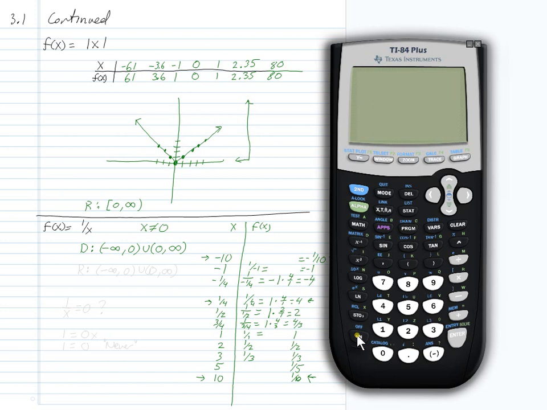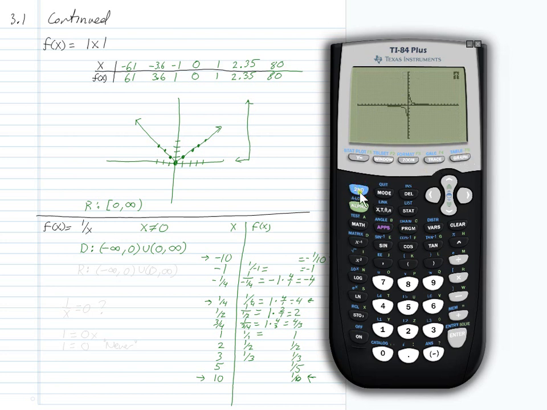So I'll plug this function into my grapher, just as we did with all the others, 1 over x. And I'll look at my table first. So if I start at 0 and go up by, let's go up by quarters. There we see the error when we try to plug in 0. The calculator doesn't like that.